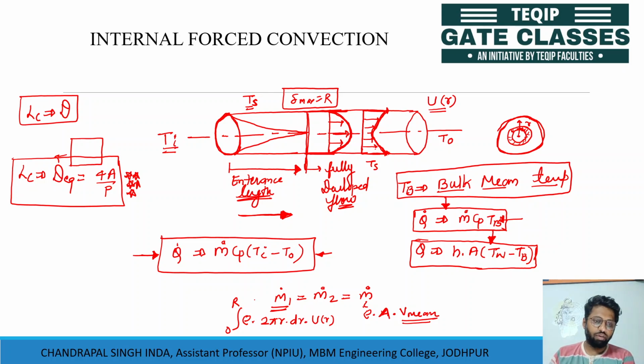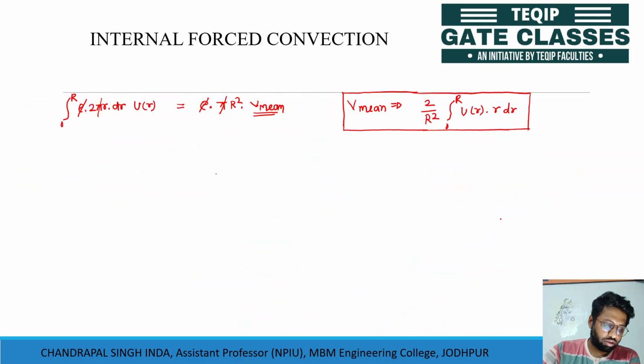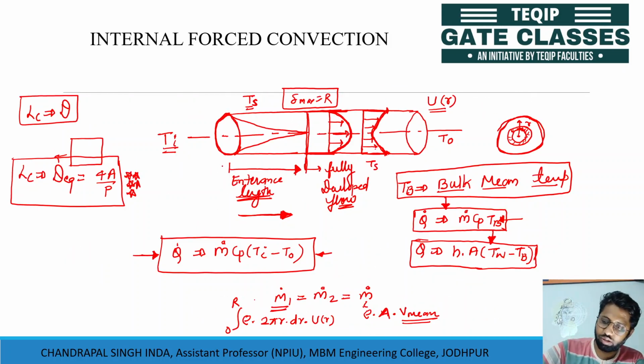For this we have to find the small energy at a small elementary area, that will be equal to dm multiplied by cp and T as a function of radius, as the temperature is varying in this direction.